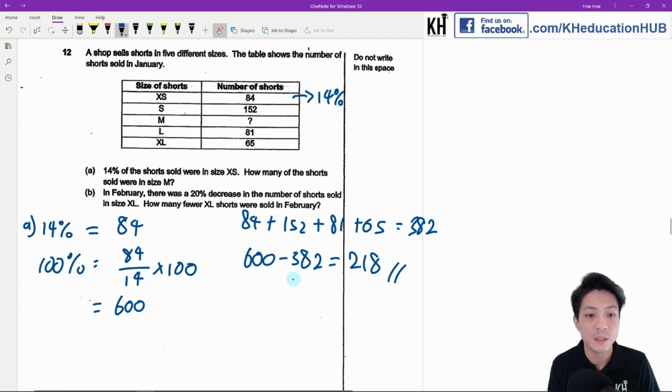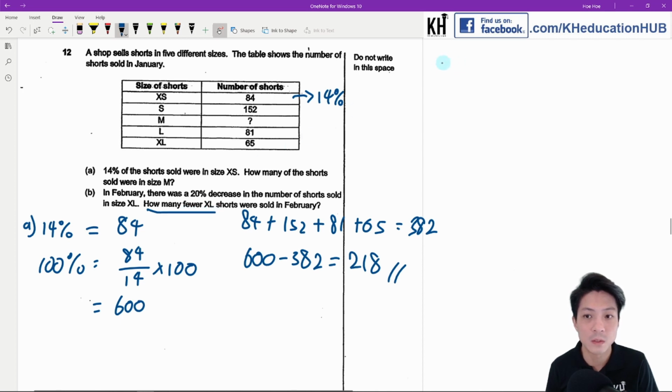So for part B, in February, there's a 20% decrease in the number of shorts sold in XL. How many fewer XL shorts were sold in February? How many fewer?